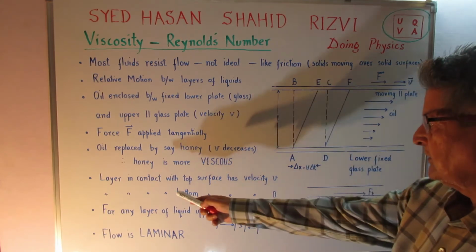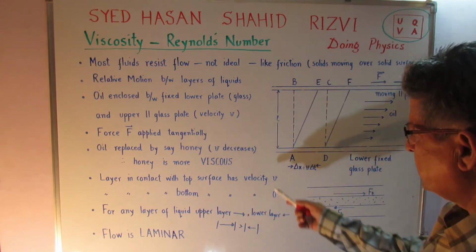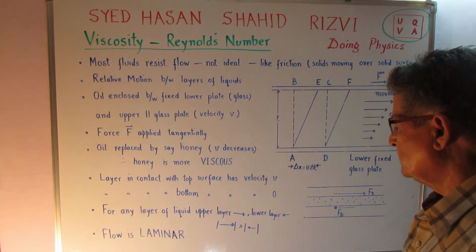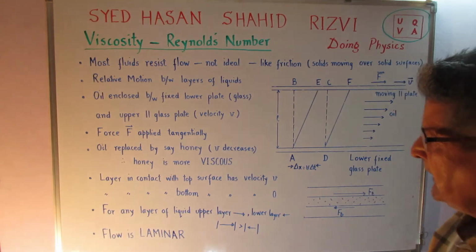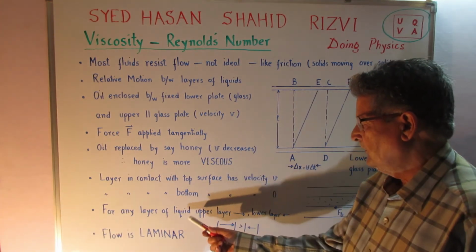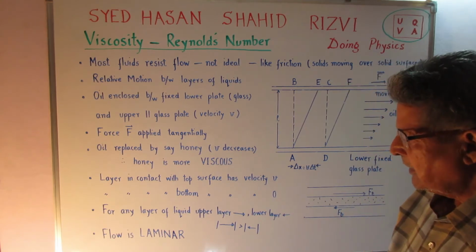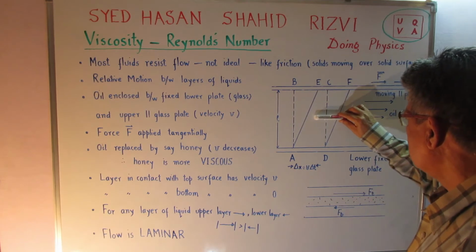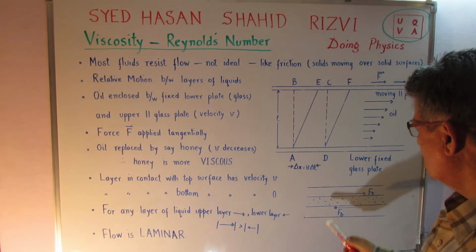Just here I write that the velocity of the layer in contact with the upper surface is V, and that with the bottom surface is equal to 0. Now, for any layer of liquid in between, for example here, it has a layer above and a layer below, which has been shown over here.